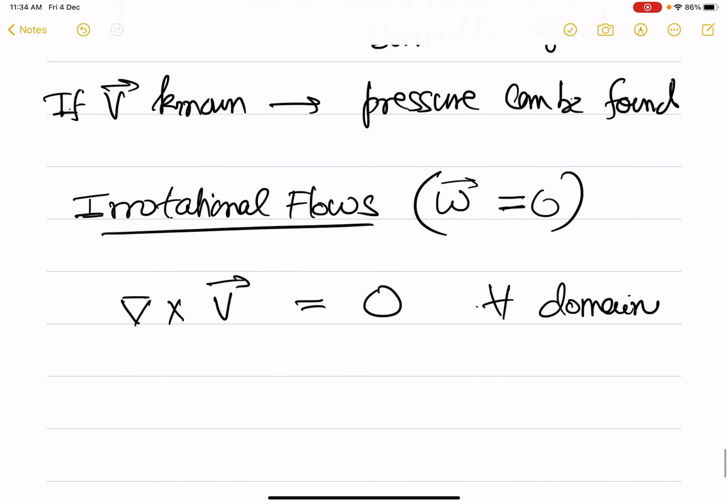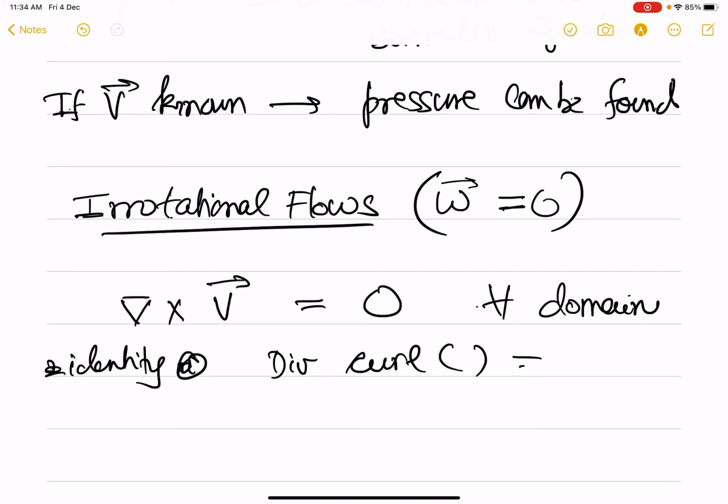Now we have an identity, and this you might recall. In fact, there are two vector identities. I'll say identity A and B to differentiate. One is that div of curl of any quantity is equal to 0, and the other is curl of gradient of any quantity is equal to 0.